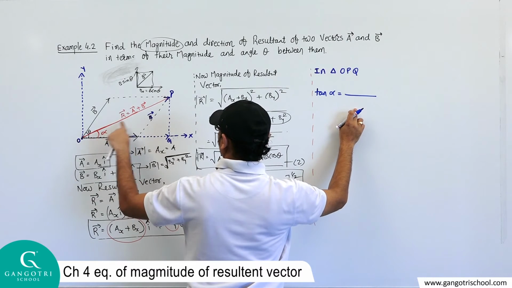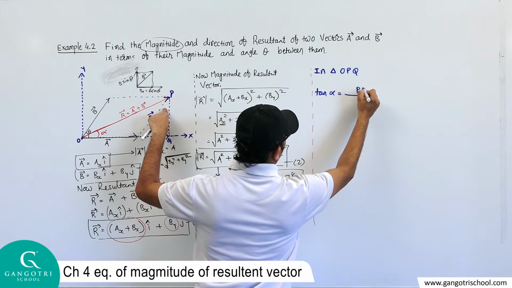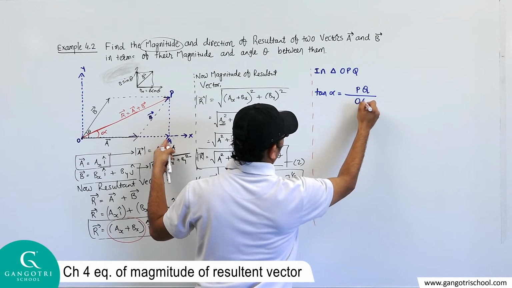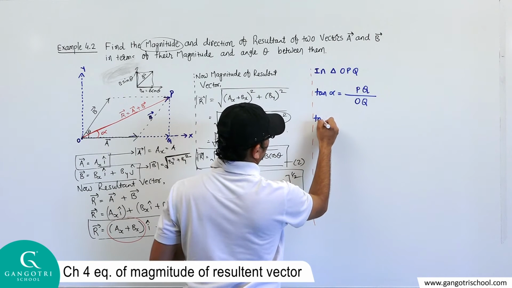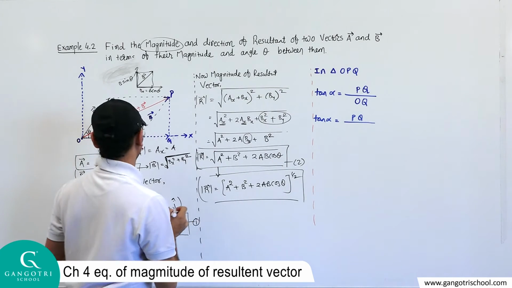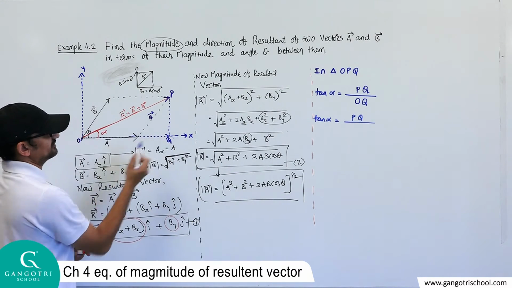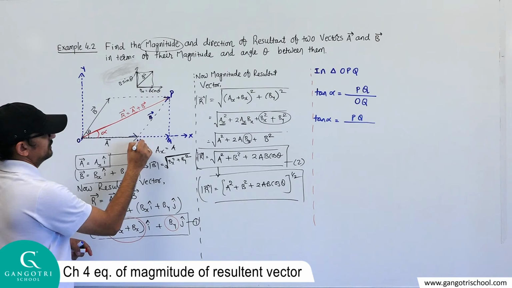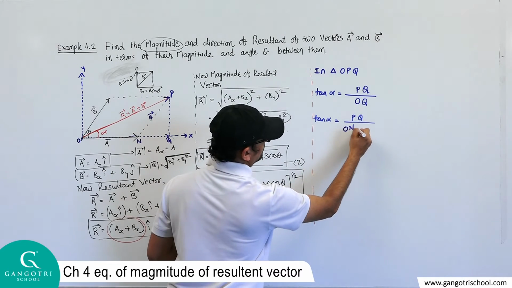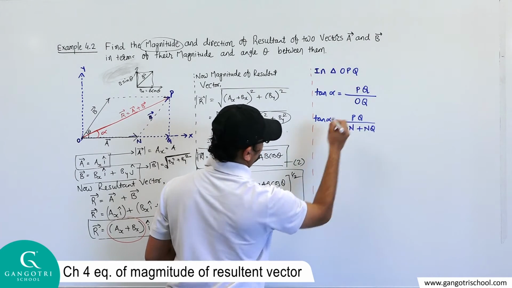So for this angle, the opposite side is PQ and the adjacent side is OQ. Further simplifying, PQ upon OQ. Now dear student, look here, O to Q. Let's divide it into two parts, ON plus NQ.